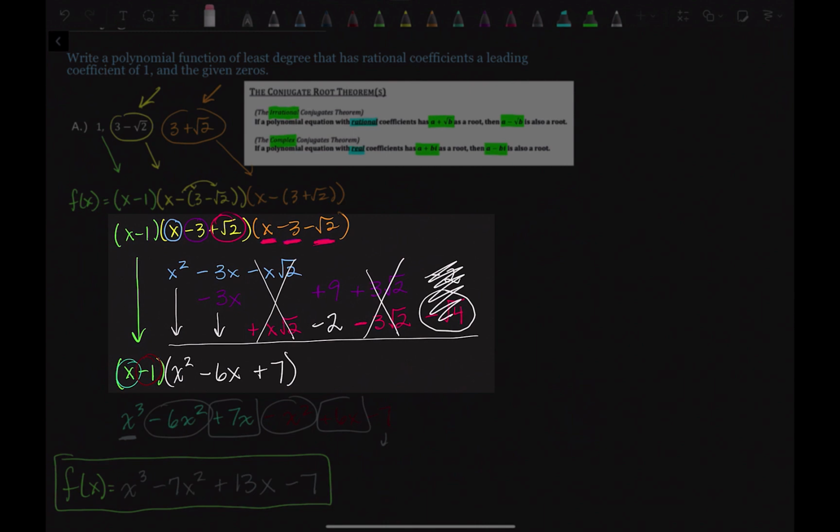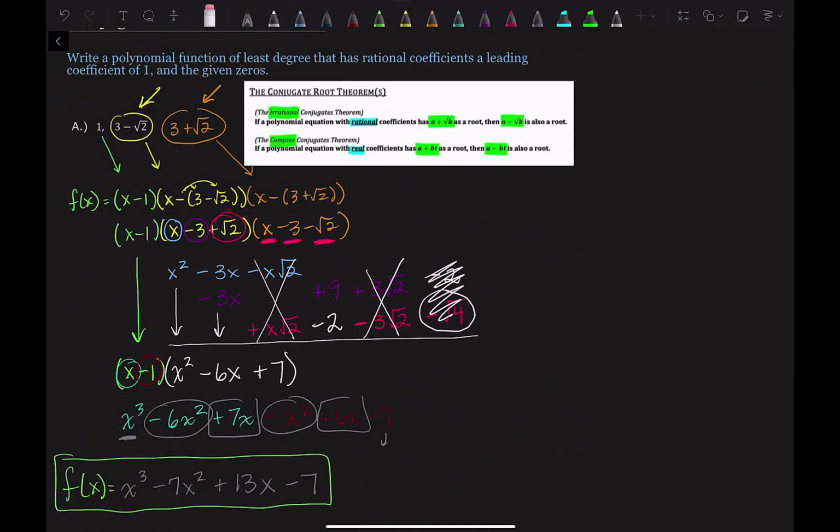Make sure you understand where all the terms are coming from, how they're disappearing, and this should happen for just about all the problems that are like this. If you set it up correctly, then the work should kind of all shake out the same way. Okay, I'm going to load up the next problem and we'll get started on that.